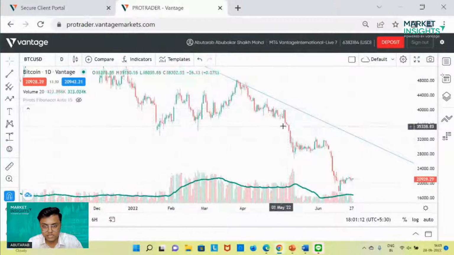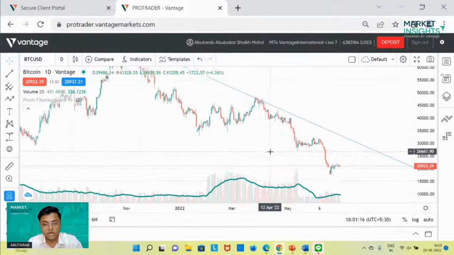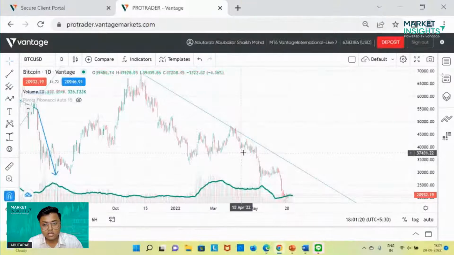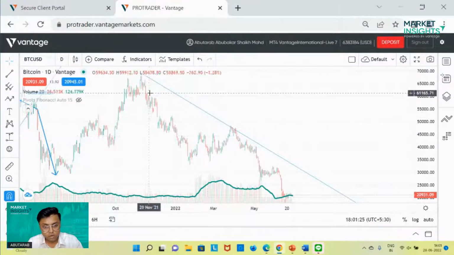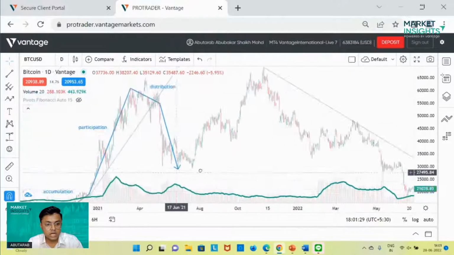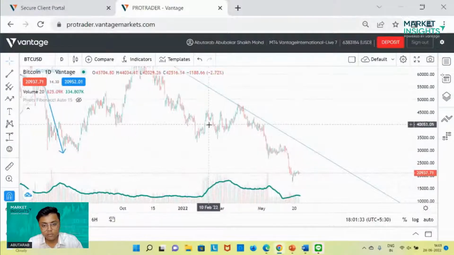There's a stagnation phase here, right? So as I taught you the accumulation, participation, distribution, we also can see a distribution, participation, and then again distribution. It is called drop base drop. Just like we saw a rally base drop, there can also be a drop base drop.